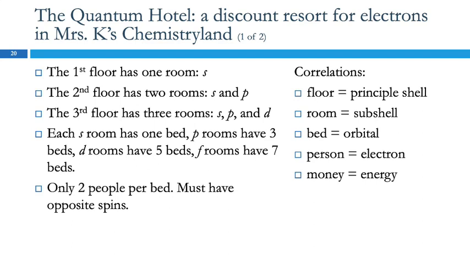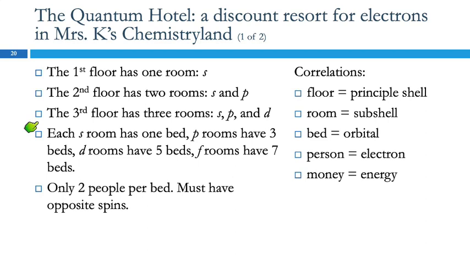So here's my analogy. We've got this hotel. It's kind of weird. I'll draw a picture of it in a minute. The first floor has one room, and that one room is the S room. Since it's on the first floor, it's the 1s, right? The second floor has two rooms, an S room and a P room, 2s and 2p.